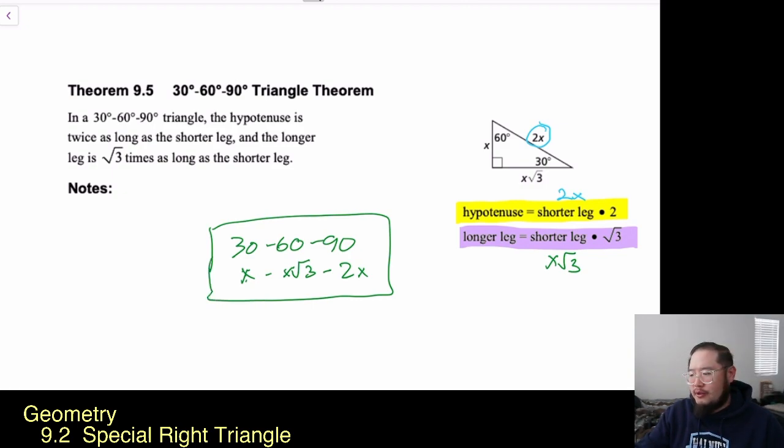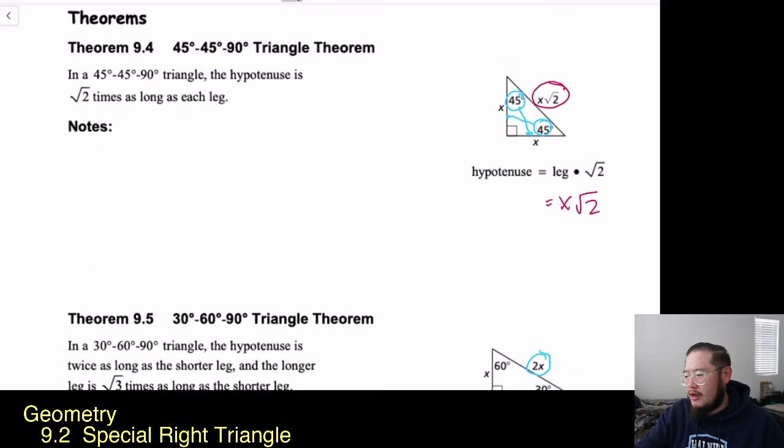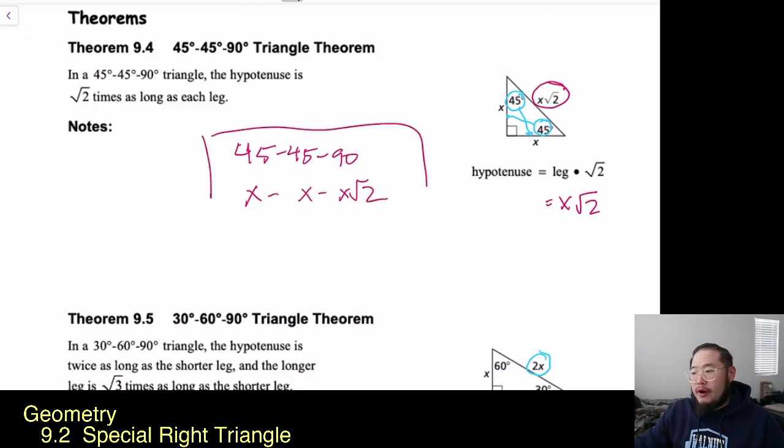That works too. But bottom line, opposite of 30 is x, opposite of 60 is x rad 3, opposite of 90 is 2x. If we go back to 45, 45, 90, I'll do the same thing: 45, 45, 90, and then we have x, x, x rad 2 as the side lengths for a 45, 45, 90 right triangle.